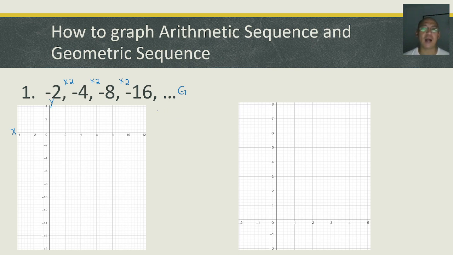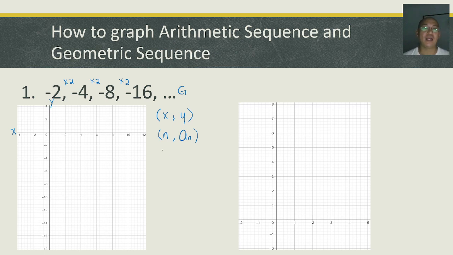For us to have a graph, of course, we should have these coordinates, the values of x and y. The value of x on the given sequence is the number of terms, and the value of y is the term given in the sequence.